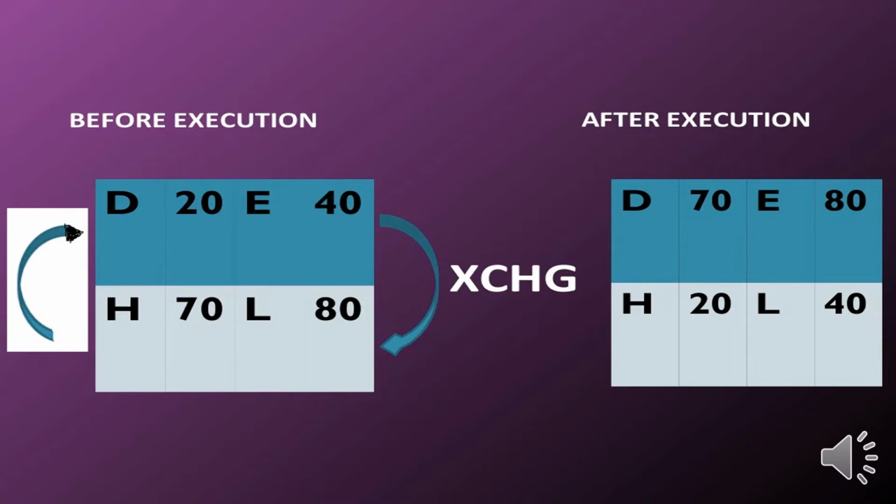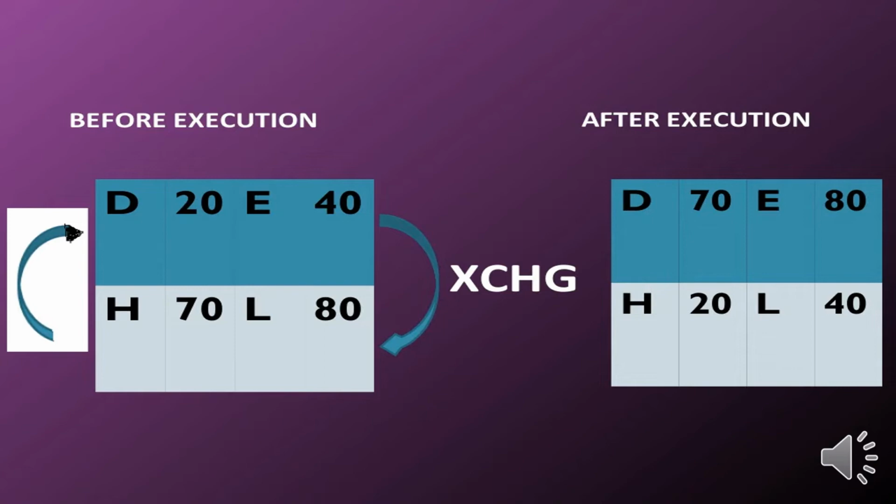So D stores 20, E stores 40, H stores 70, and L stores 80. After the exchange instruction, the HL register pair stores 20 40 and the DE register pair stores 70 80.